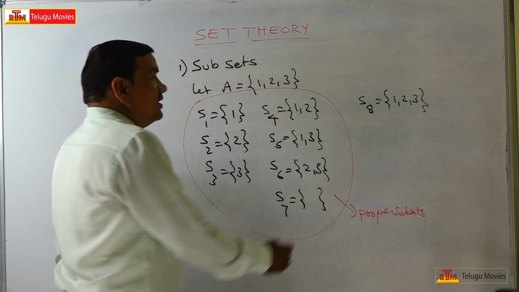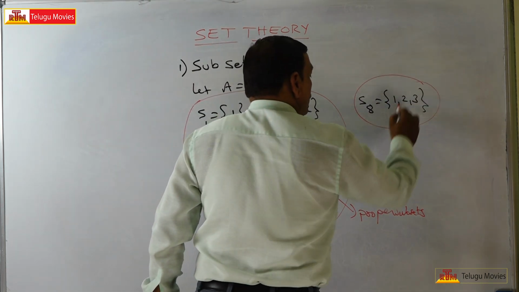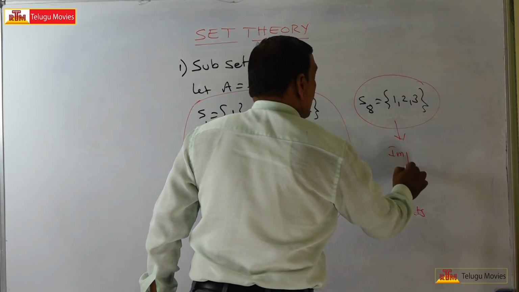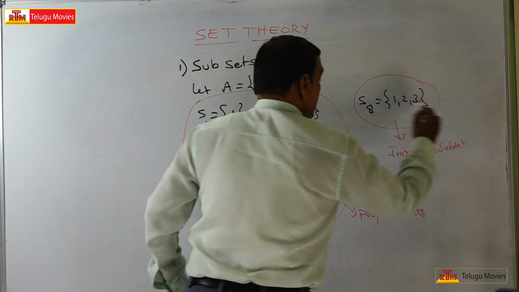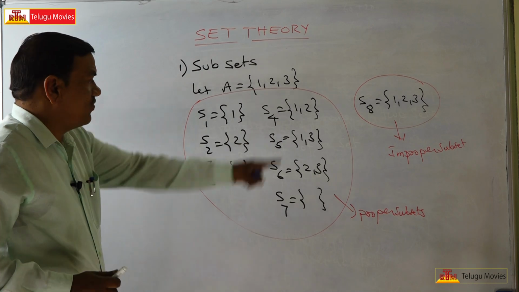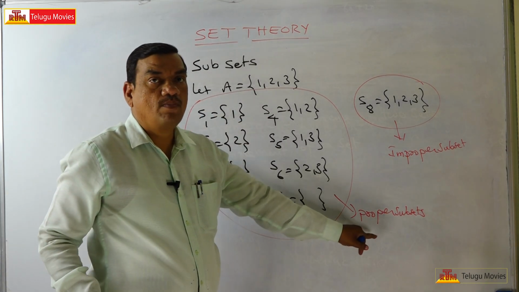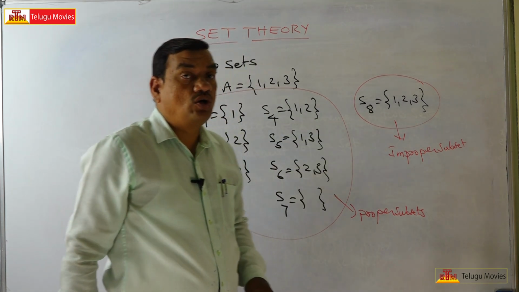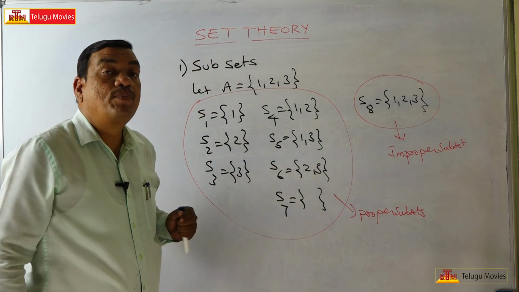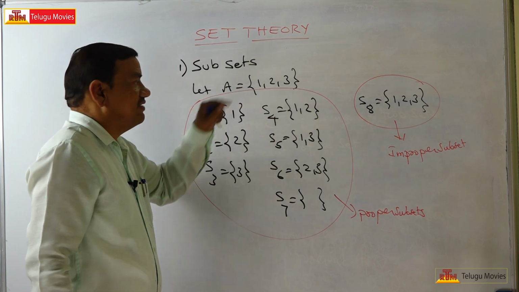Now, the set itself, is that there? Yes. This is called an improper subset. The set of all these sets are called proper subsets of the set A, and the set itself is called the improper subset of the given set.